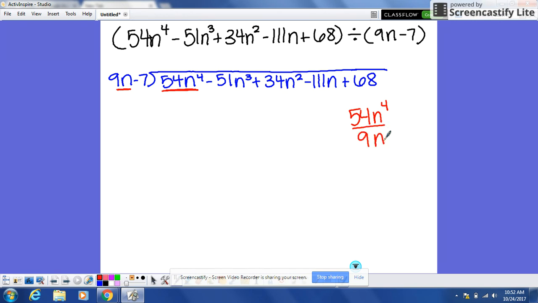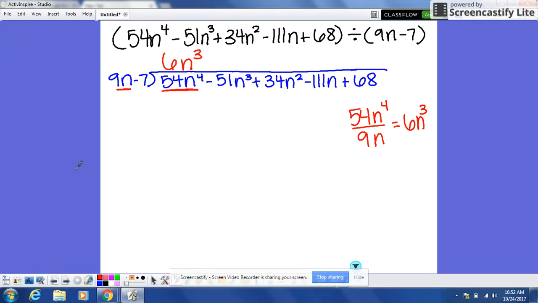So first talk about the numbers. 54 divided by 9 is what? 6. And then remember we said if the variables right there are the same and we're dividing, we can just subtract exponents, right? So that's an exponent of what right there? 1. So 4 minus 1 is n to the 3rd. So if I divide those, I get 6n to the 3rd. I'm going to put that on top.